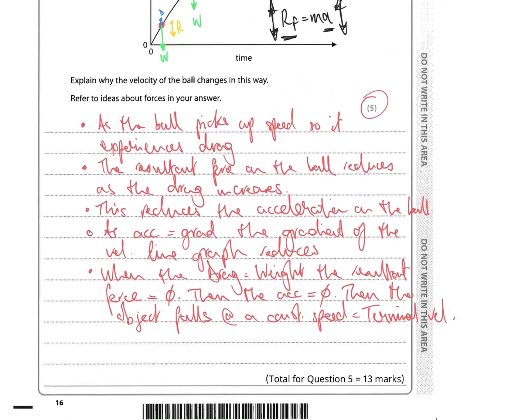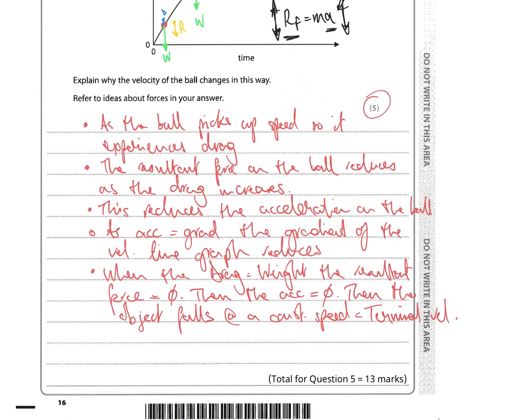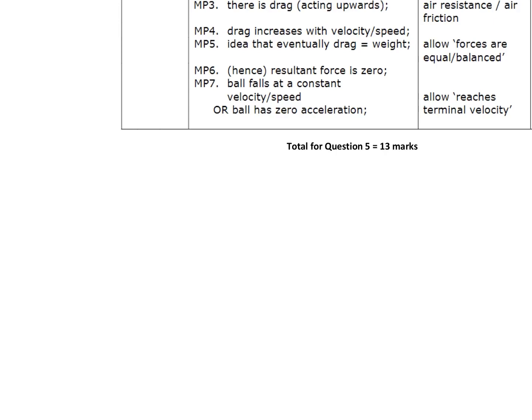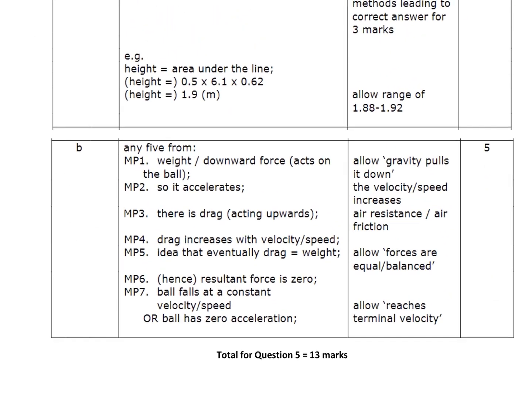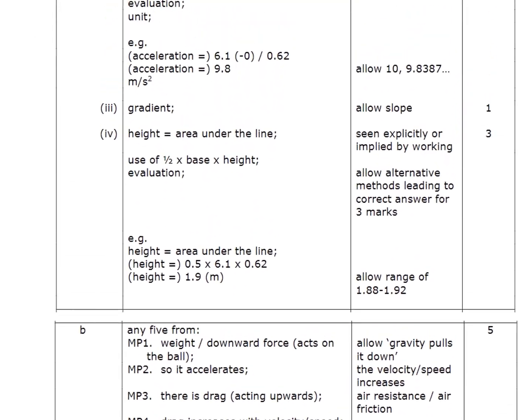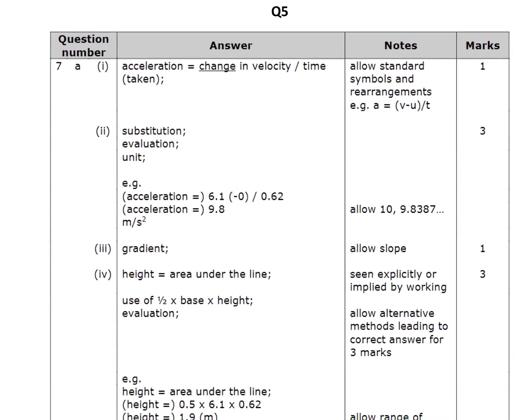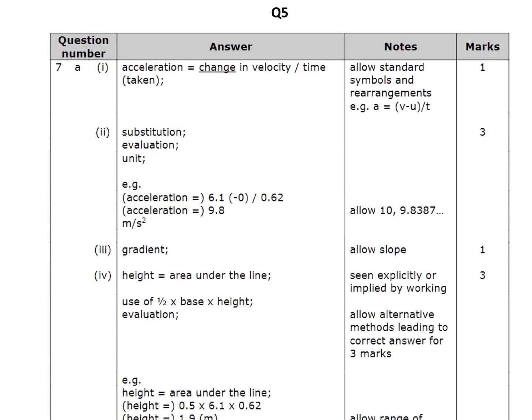Okay, I think I've been pretty thorough there. Let's see how many of those marks I would have achieved. So, first of all, we have acceleration is the change in velocity over the time taken. Good. And if you are using the symbols, then you needed to make sure it was the right symbols you were given. In order to work out the acceleration, you needed to substitute into the equation.